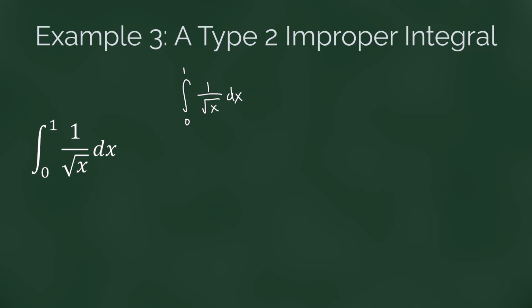But we're again going to look to use these techniques to see if we can find a bound for that area. So we're going to rewrite this as the limit as c approaches 0 from the right, since that's on our interval, of the definite integral from c to 1 of, I'm going to write this as x to the negative 1/2 dx.